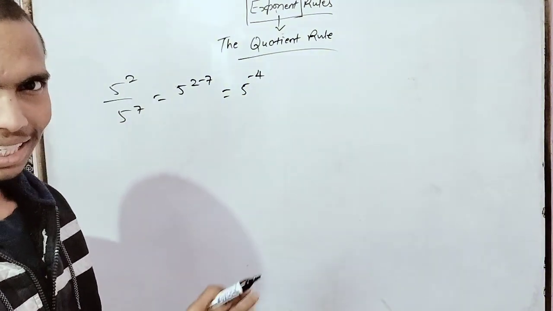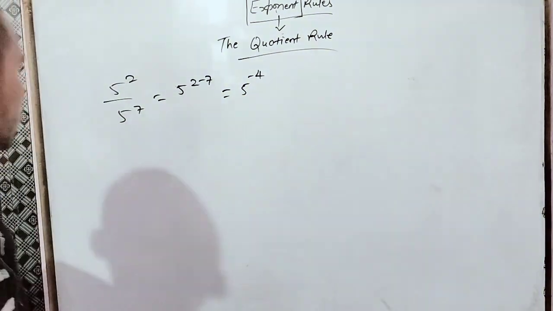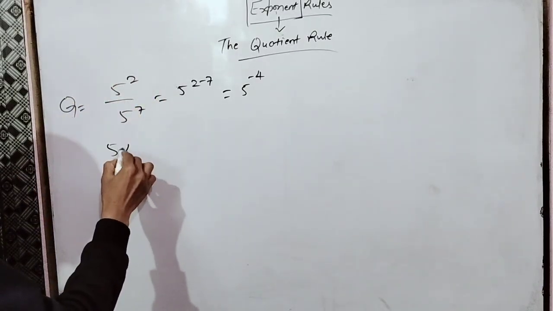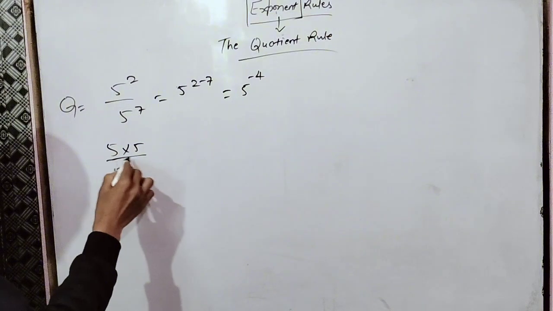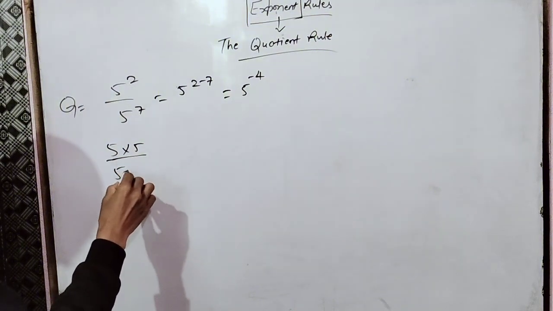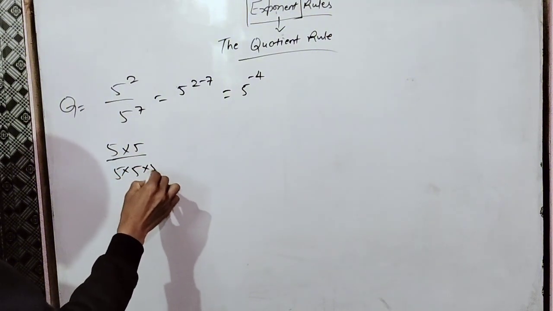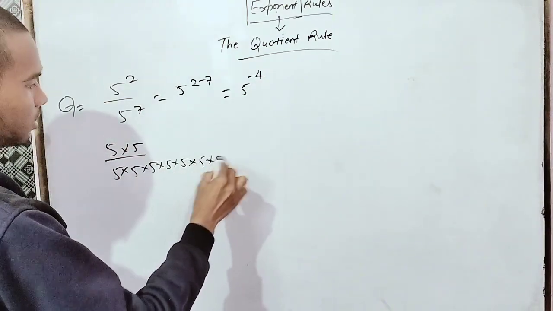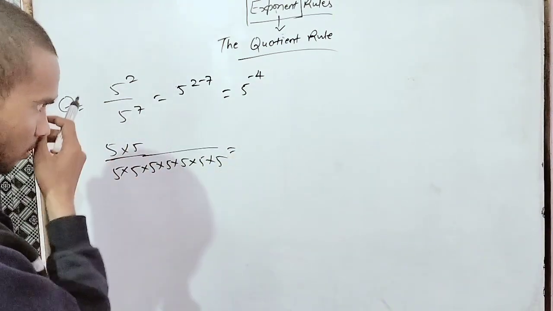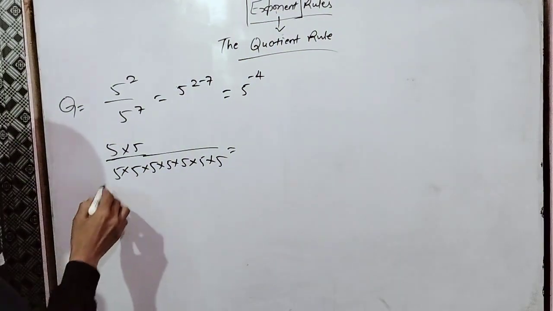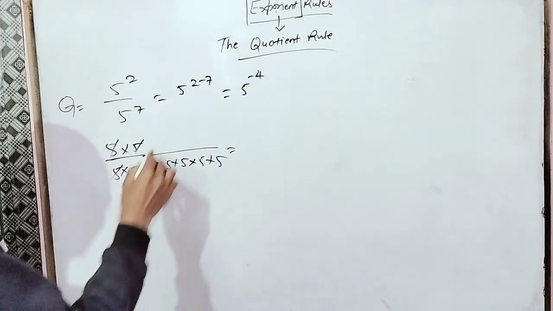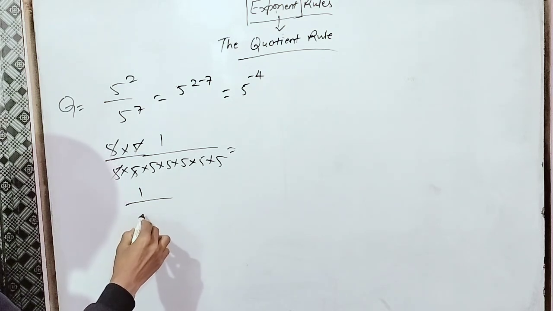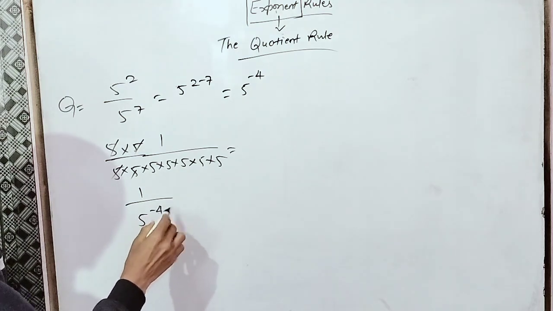Does it make any type of sense? Do you want to see? Just look. This was the question. 5 how many times? 2 times. And in the denominator 5 is how many times? 7 times. 3 to 5 and then 2 more. So here 1 1 1 will get considered, and we have 1 over 5 how many times? 4 times.